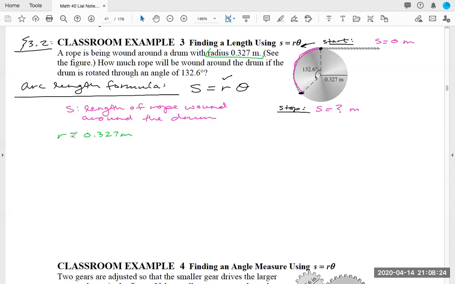And theta, we also have given right here. So this is what we're looking for.